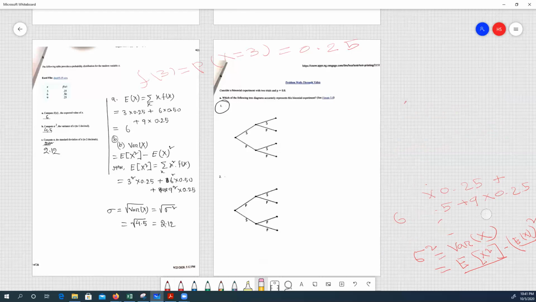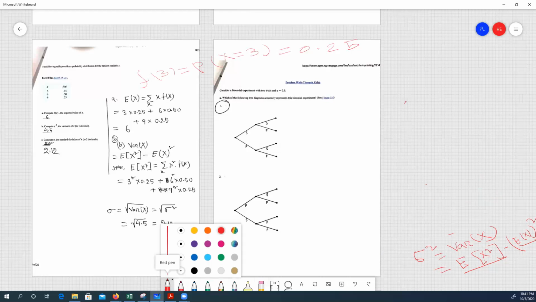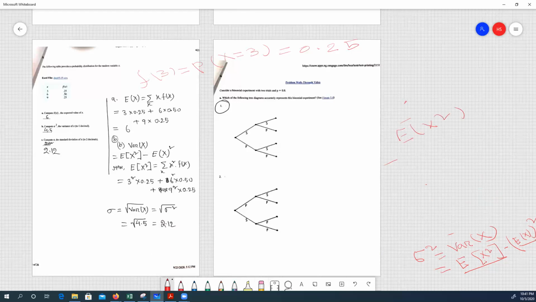You already know how to calculate the expected value of x. So we have to use a similar formula. The only difference is, I will show you. We have to find the expected value of x squared, which is the summation of x squared times the probability, nothing else.